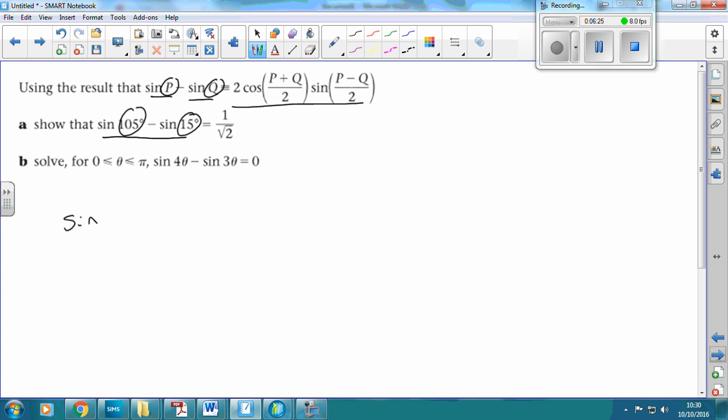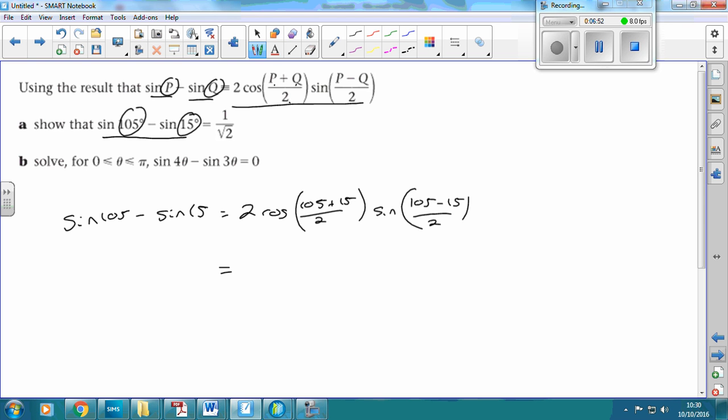So sine 105 minus sine 15 equals 2 cos of p plus q divided by 2, that's 105 plus 15 divided by 2, sine of 105 minus 15 divided by 2. If we simplify, that's 2 cos 120 over 2, which is 60. So 2 cos 60, a little bit neater.